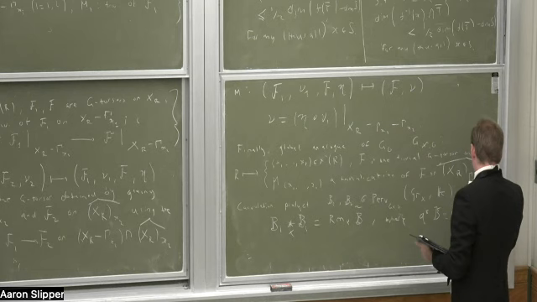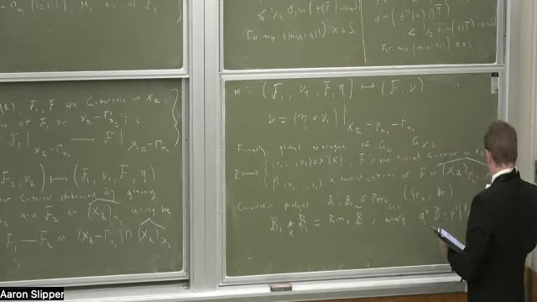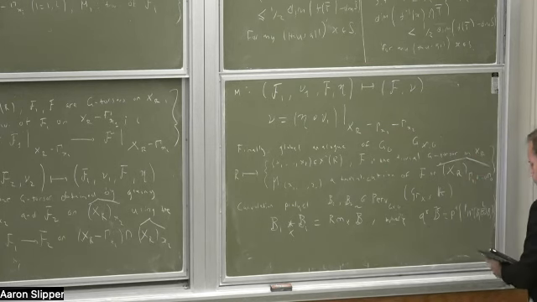I'm again going to include this here, but we're going to quickly see that there's no problem. Okay, so we're going to define the convolution product this way.